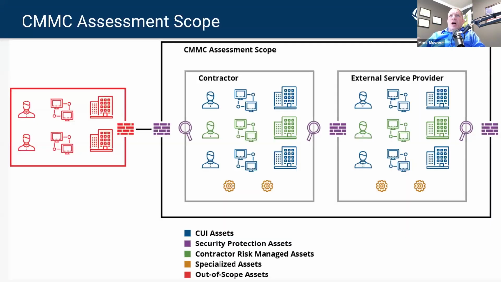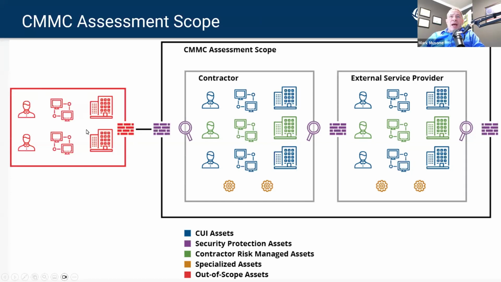Here's a little picture of a sample CMMC assessment scope, where you may have a contractor, and that contractor may have an external service provider, and between the two of them, there might be some CUI assets, contractor risk managed assets, and some security protection assets. You can see here in red is out of scope assets, right?